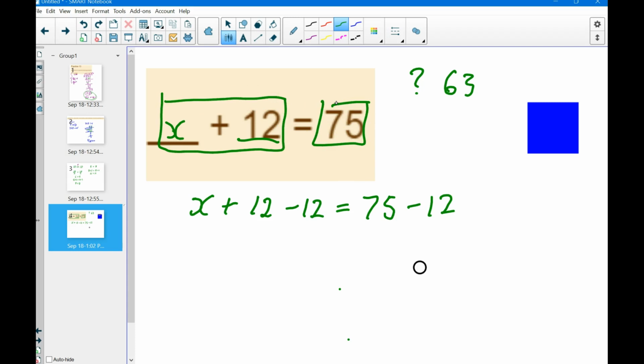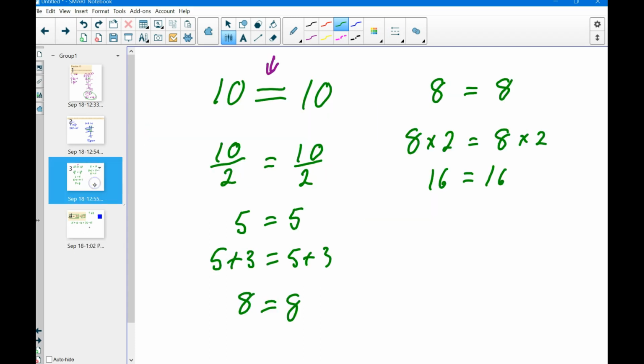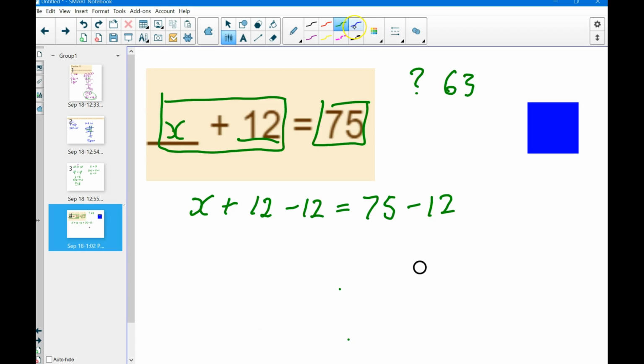And back here we said, if I have 5 on this side and 5 on that side, and I add 3, I can add 3 and it's still equal, right? So coming back to this one, if I subtract 12 and subtract 12, it's still equal, right?